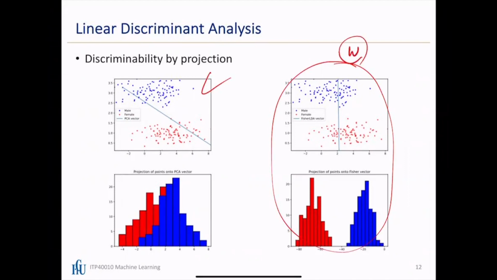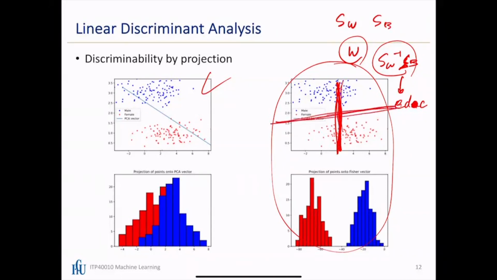And W that does this clear classification can be found by getting S_W and S_B from the original space. If you do eigendecomposition on S_W inverse S_B, you can get W that makes this projection. That's the idea. But if you have a projection like this, the decision boundary can be drawn as a perpendicular line to this projection line. That's one side note.